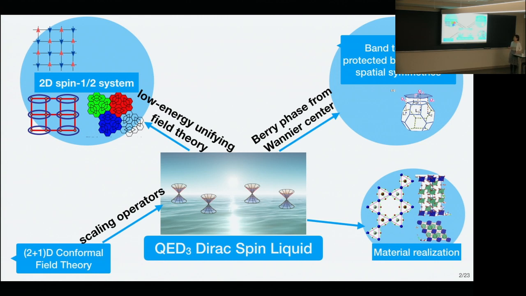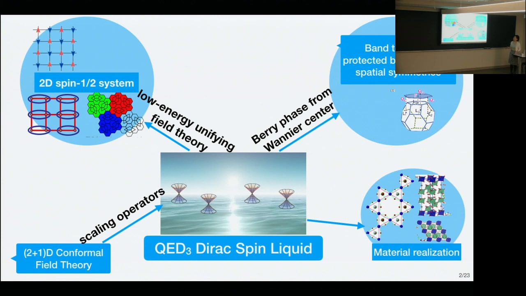Essentially, we are considering a 2+1 dimensional quantum electrodynamics, QED, conjectured to flow to a conformally invariant fixed point. We are concerned with the scaling operators in such a CFT, such as the fermionic bilinears, and more importantly, monopole operators.